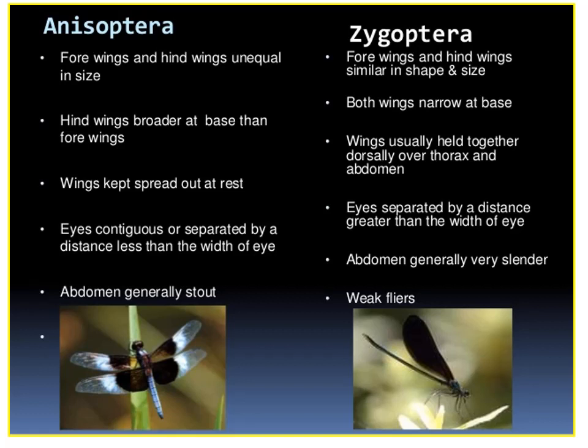So you can see here in the picture, they are spreading the wings at the side in case of the anisopterans, but in case of the zygopterans, at the resting stage, their wings are not spread at the side, and they rest at a certain angle. So by that you can easily identify.